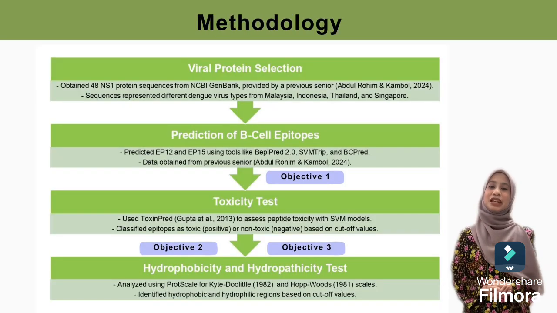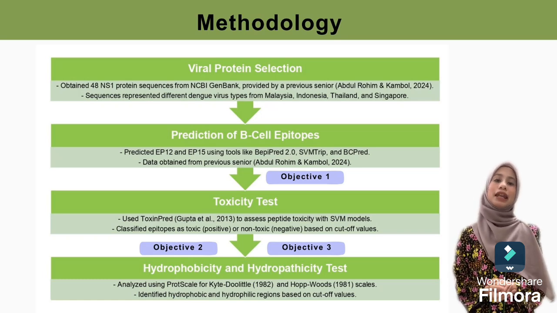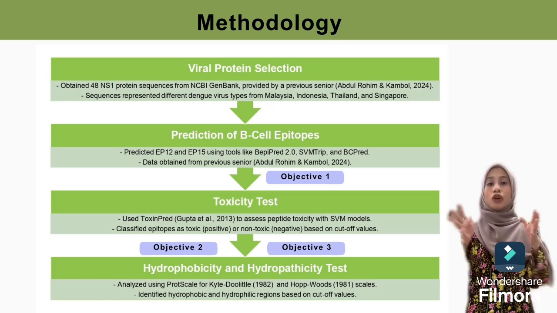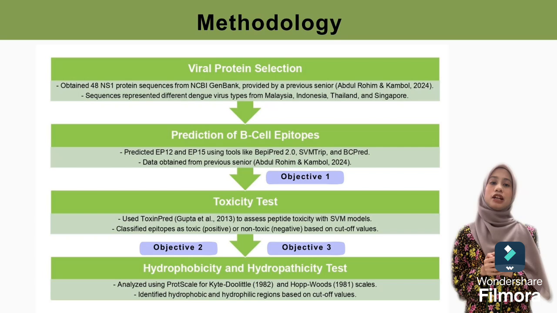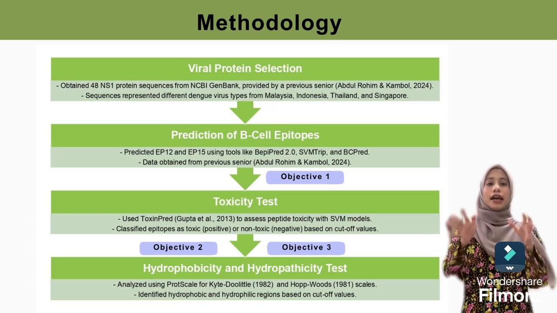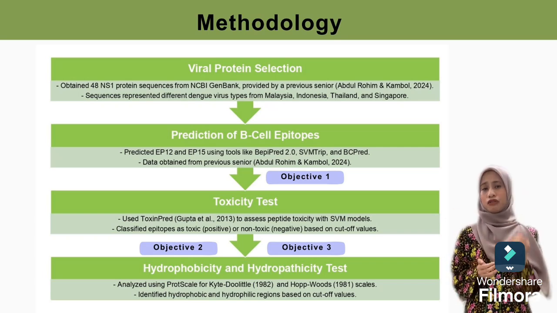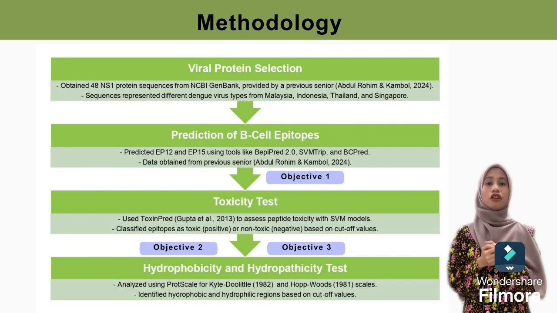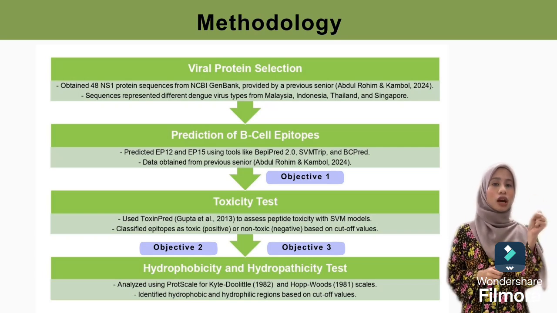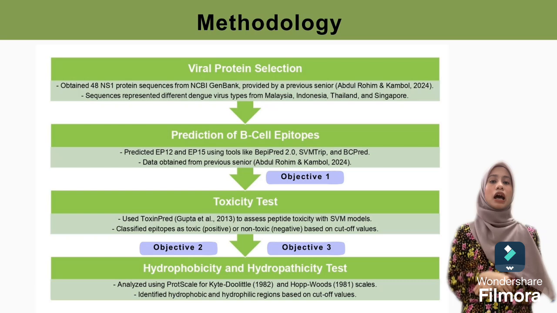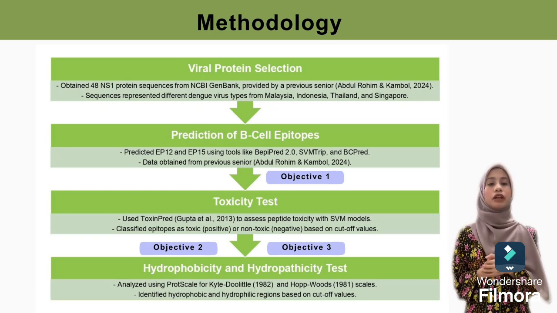The methodology began with 48 NS1 protein sequences from Abdurrahim and Kambol in 2024, representing dengue types from Malaysia and other Southeast Asia, analyzing toxicity, hydrophobicity, and hydropathicity for vaccine development. B-cell epitope prediction targeted EP12 and EP15 obtained by Abdurrahim and Kambol in 2024 using tools like BepiPred 2.0 and SVM3.